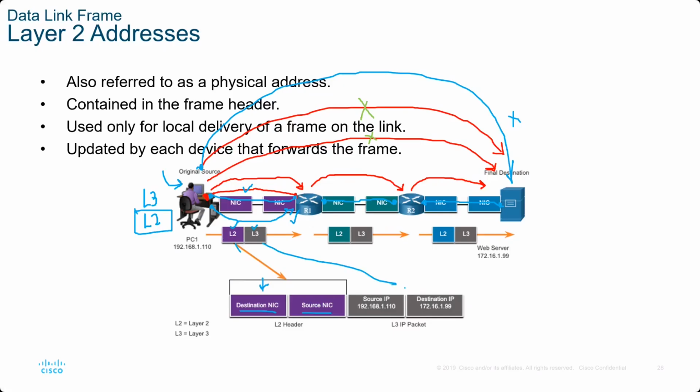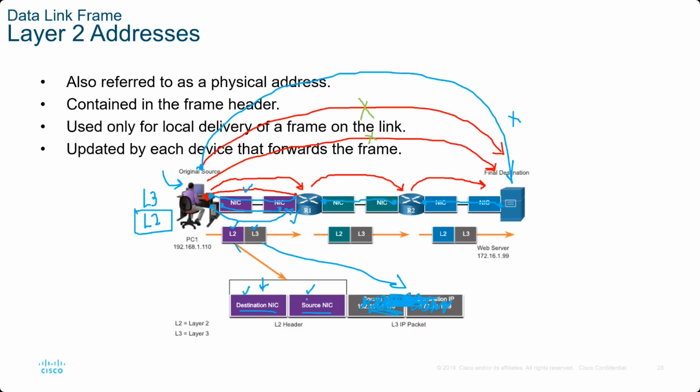The layer 3 has this information, source IP and destination IP, but we have to hide it. We are not looking at it. We just know it's inside the frame in the data field, but we are not reading it. We don't know what's inside it, and we don't even care what's inside it. Okay, we only care about this because the data link layer's job is just to get from this NIC up to this, and your job is done.